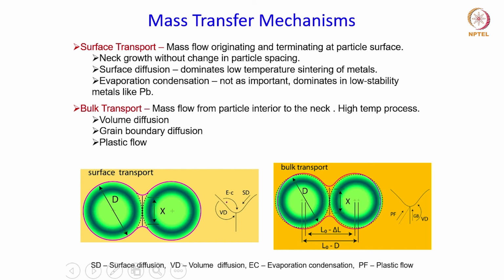Okay. And there is one more type of mechanism known as evaporation condensation that can also happen for the matter transport towards the neck. Okay, so here you can see diffusion plays a very important role for the densification to occur during the sintering process, and therefore at this point it will be good to have a little bit of discussion about the diffusion phenomena as such.